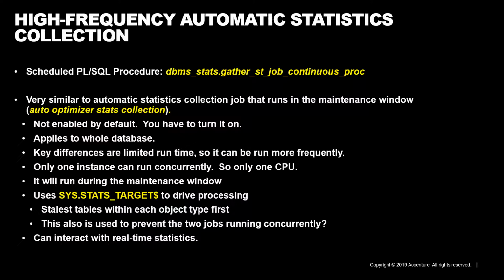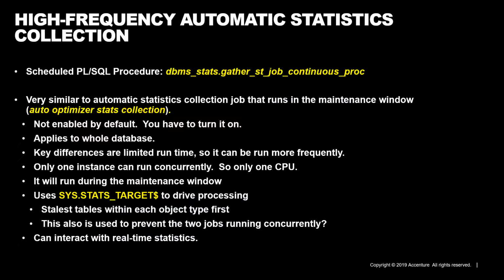The process is driven by this sys_stats_target$ table. It works from what it considers to be the stalest table first. And I believe this table is also used by the maintenance window job, and it's used to prevent the two jobs from running concurrently on the same table.